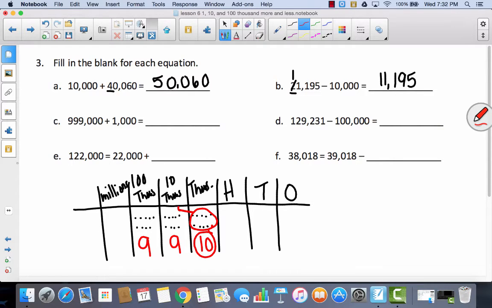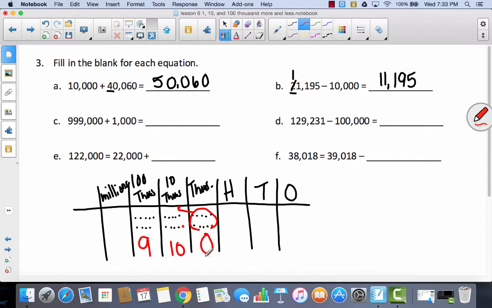So I'm going to move it to the left and add 1 to the 10,000s. So now I'm going to have 0 thousands because I bundled them all together, and I'm going to have 10 10,000s.